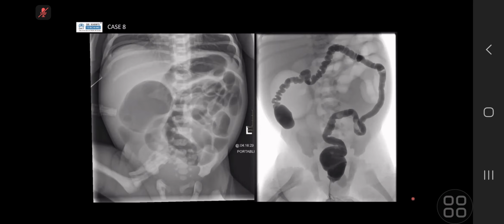The rectosigmoid looks a bit distended. I'm looking for a sawtooth pattern to see if it's Hirschsprung's, but I'm not sure. I don't see any filling defects within the large bowel, and I don't see any contrast within the small bowel loops. Could this be an ileal atresia?